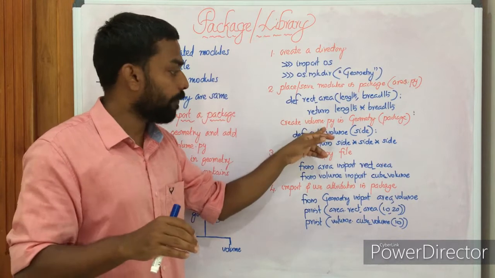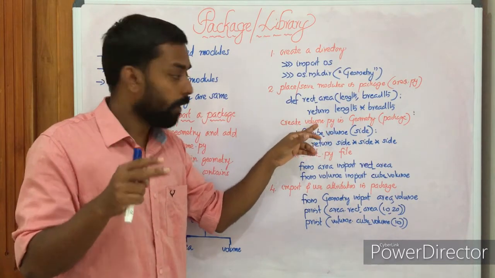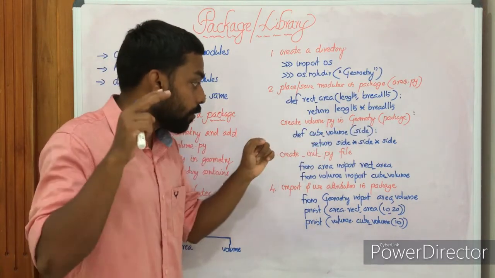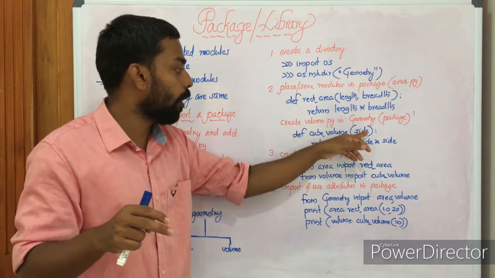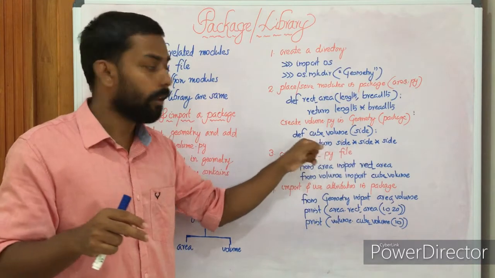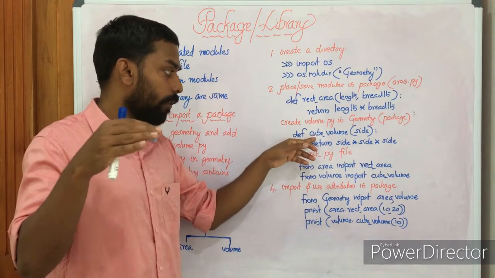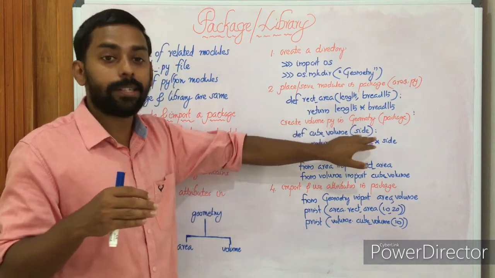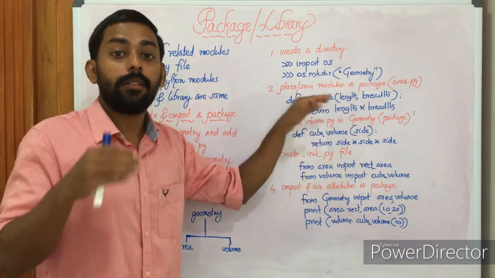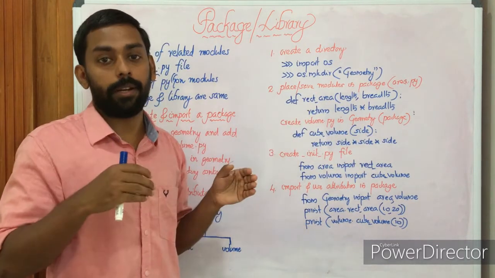Then we have the second module, volume.py: def cube_volume(side): return side * side * side. It is for defining the volume of a cube. We will save this module also in the geometry directory.